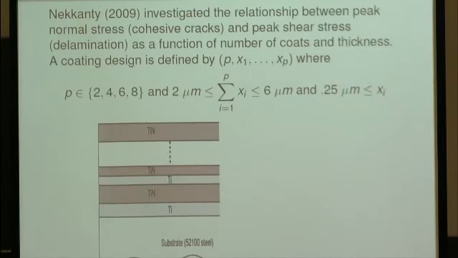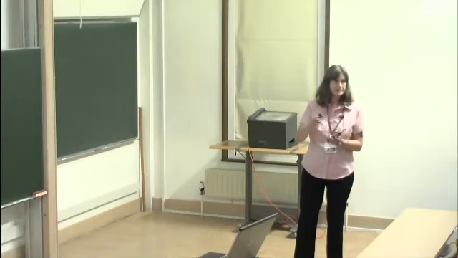The second example, which turned up almost the same year, almost the same month, came from mechanical engineering. A PhD student from mechanical engineering came over to talk to us, and what he was trying to do was investigate relationship between cracks and delamination.